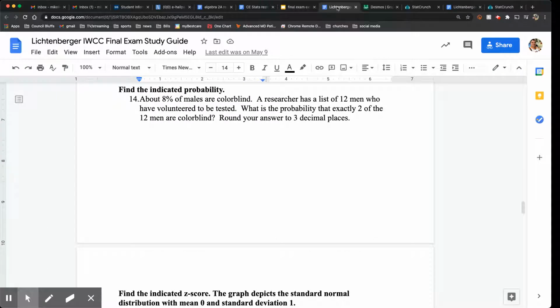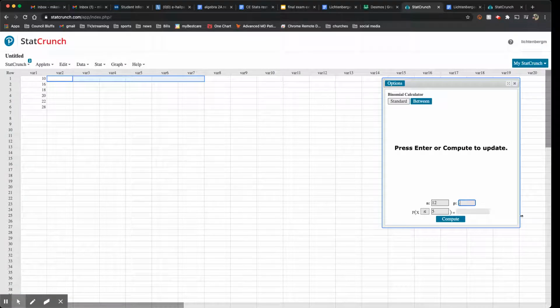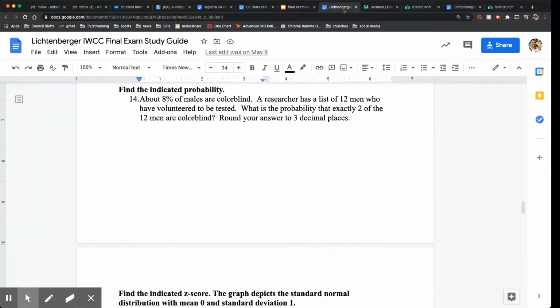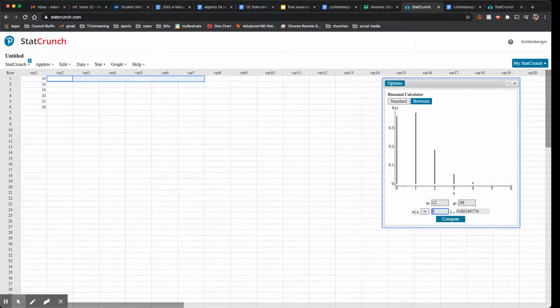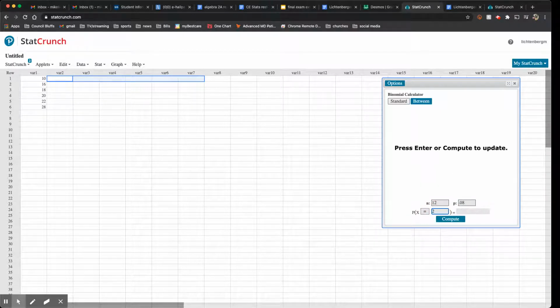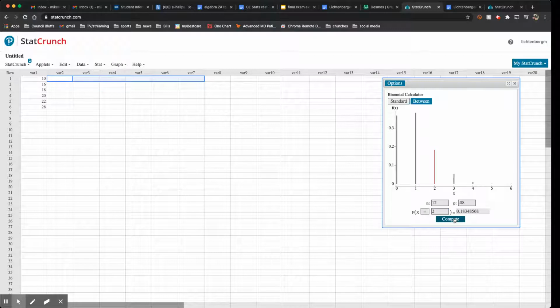P is the probability, so the probability is 8%, so that will be 0.08. And we want the probability that exactly 2 of the 12 men are colorblind. So I'm going to make this equals, because it says exactly, and make this 2.